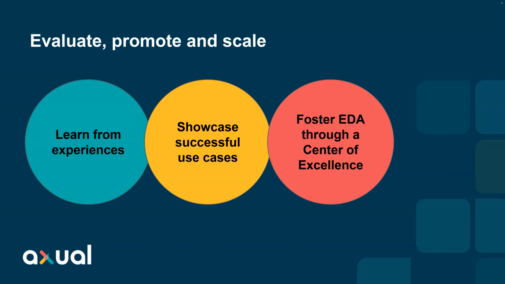In terms of what policies you want to implement, it could be anything around naming conventions, modeling conventions, maintenance conventions, ownership conventions. This is really a place where you evaluate how you're implementing this, and you also think about how to improve the next step of implementing your event-driven architecture.